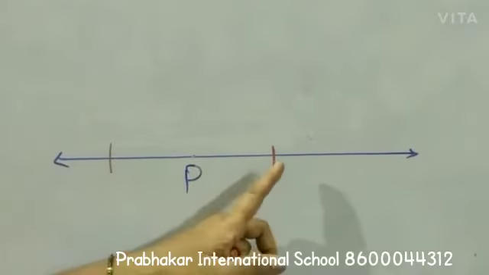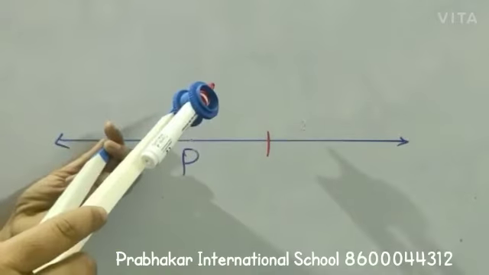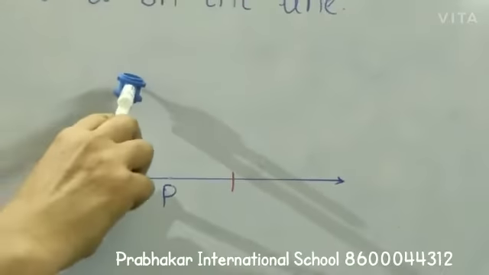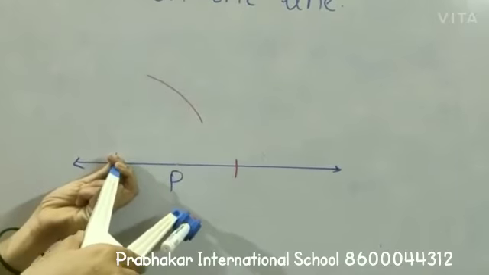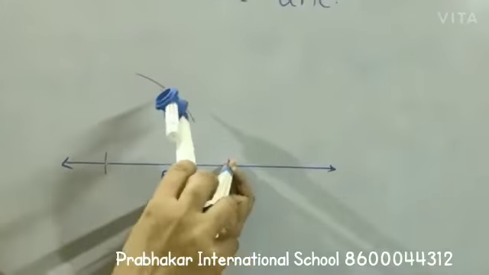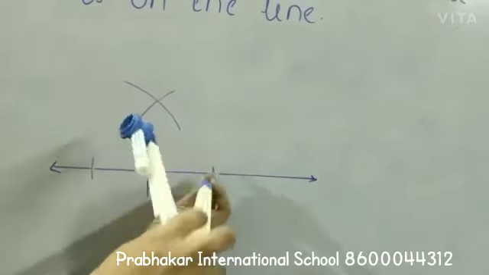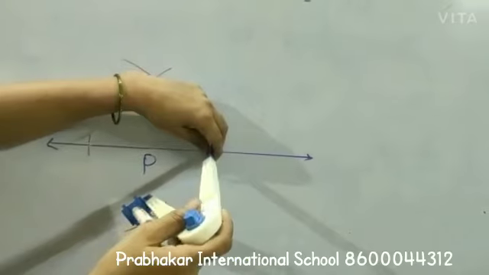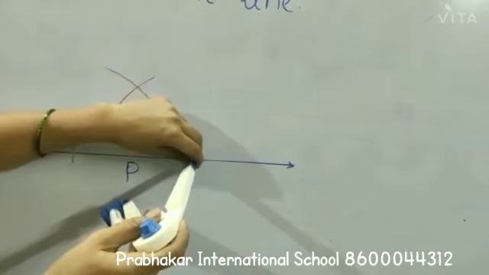Okay. So I will place here this point and up, then again down with the same measurement, up and place it on this point and on down. So like this you will get 2 points.